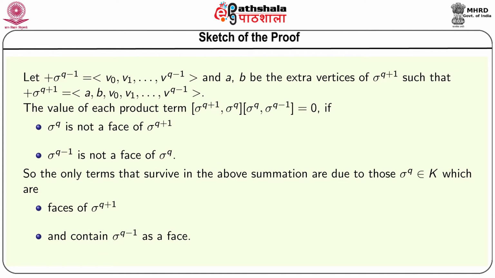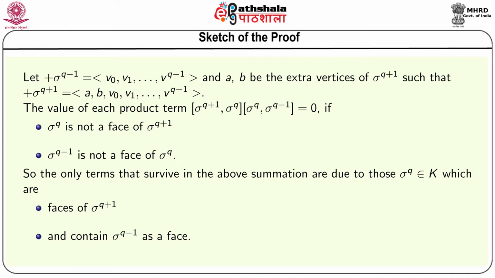Let us sketch a proof of this result. Suppose positively oriented sigma q minus 1 is V0, V1, ..., Vq minus 1, and A and B are the extra vertices of sigma q plus 1, such that positively oriented sigma q plus 1 is A, B, V0, V1, ..., Vq minus 1.